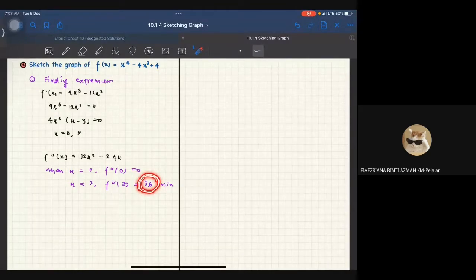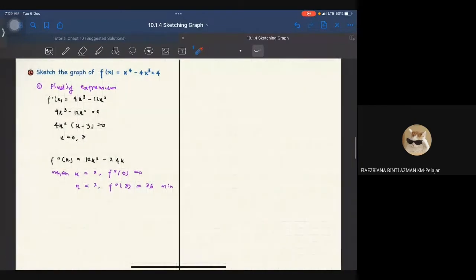So 36 adalah positif. Bila positif, meaning that dekat x equals to 3, it is a minimum point. Okay, tapi yang dekat sini, dia tak bagi tahu apa-apa. So awak tak boleh nak gunakan yang ini untuk tentukan awak punya value dekat situ tu adalah point apa. Okay, so that's why hari tu we opt to use first derivative test because of this case.